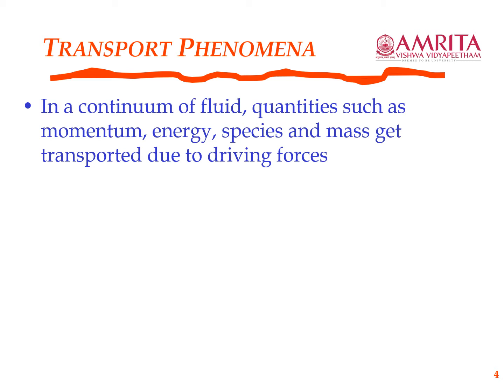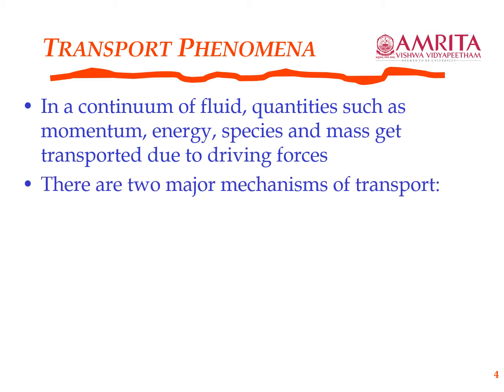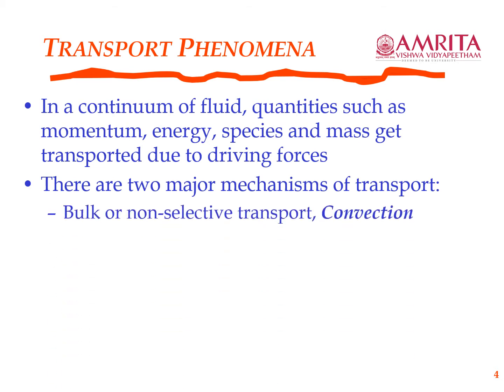In a continuum of fluid, quantities such as momentum, energy, species, and overall mass get transported due to various driving forces. There are two major mechanisms of transport, irrespective of what quantity is being transported. One is called a bulk or non-selective transport, which we generally tend to call convection, right?